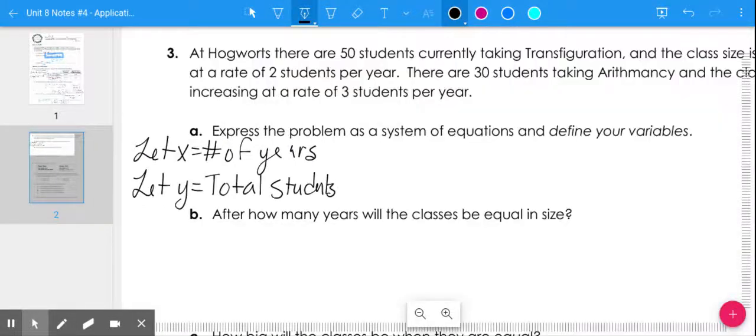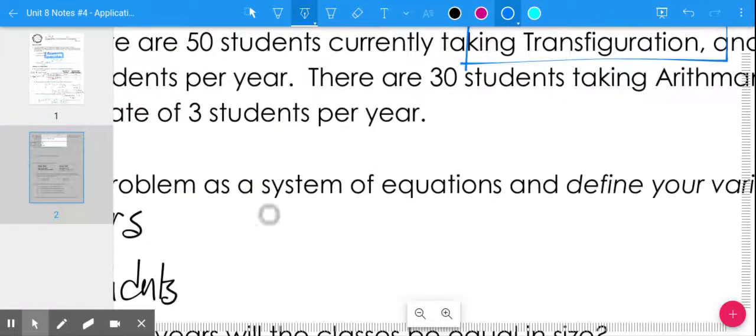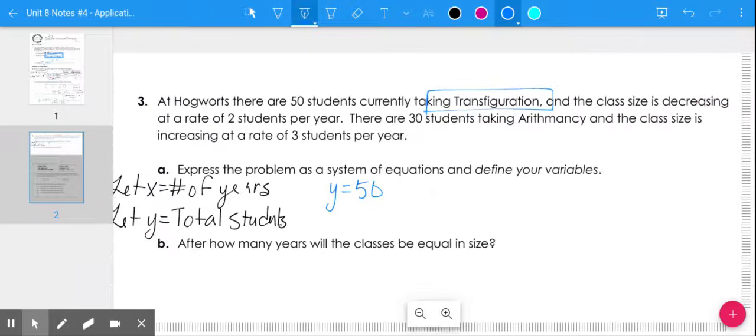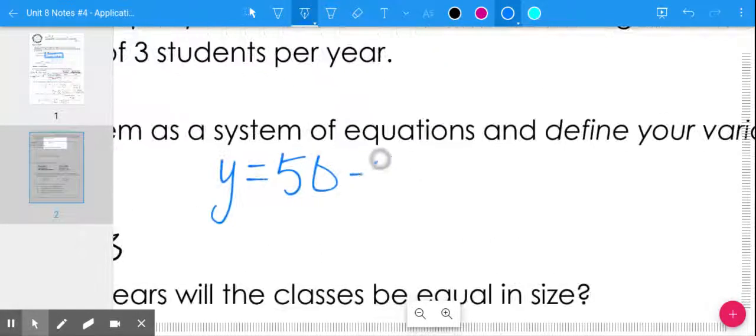So now we're going to set up our system. We're going to use blue for Transfiguration. So we're going to have y is equal to, they started with 50 students, and that class size is decreasing at a rate of 2 students per year, so minus 2x.